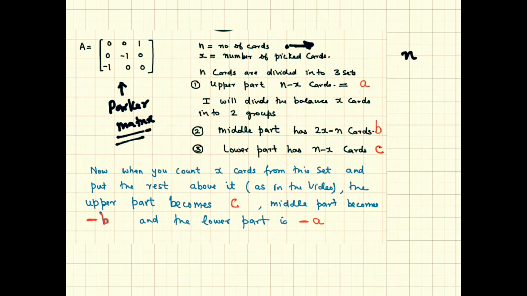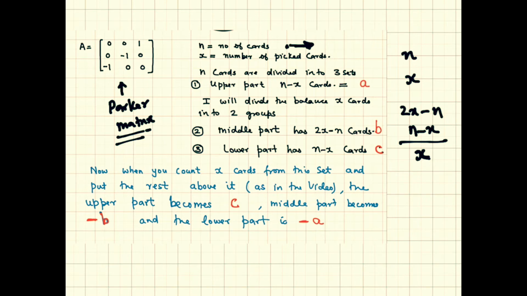We are dealing x cards down. The x cards are split into two parts. The bottom part is n minus x and this is 2x minus n. Note that if you add these two, you will get x cards. So the x cards are split as 2x minus n and n minus x cards, which we are going to call A, B and C.